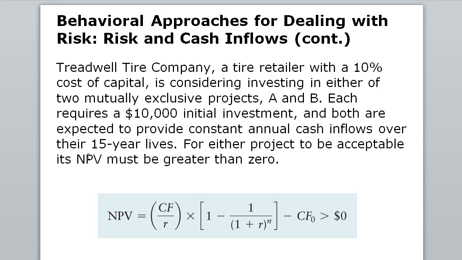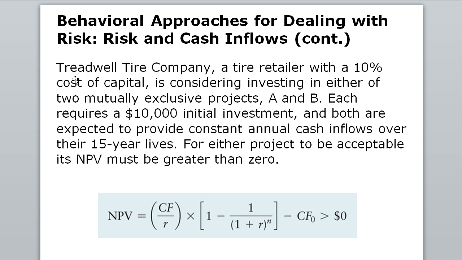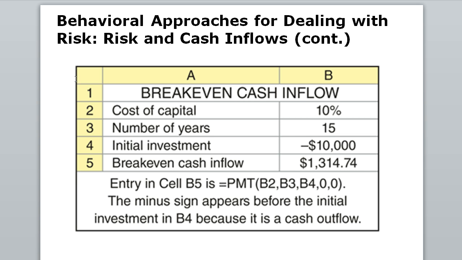So the projects have equal lives, which helps make our comparisons a little bit easier. For either project, of course, it would be acceptable when the net present value is greater than 0. So using Excel, we can calculate a break-even point, a break-even in cash flow.